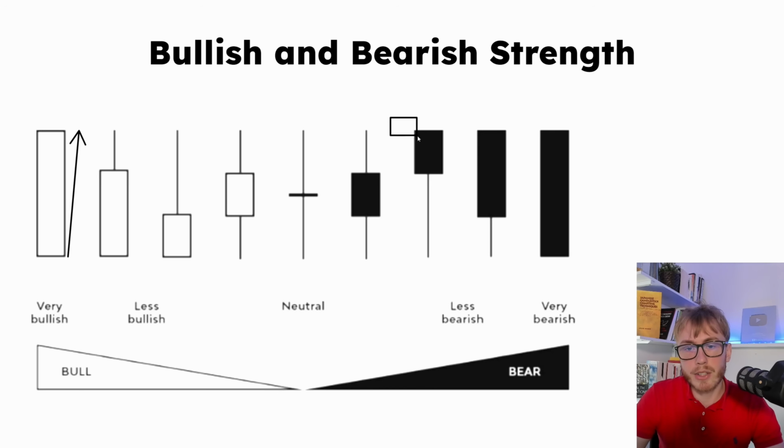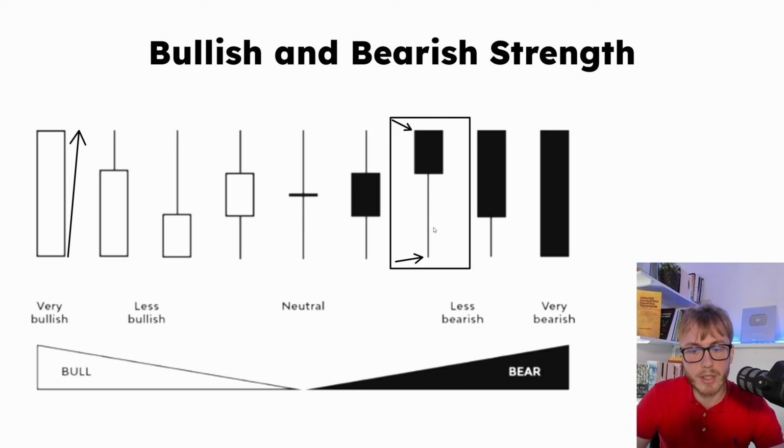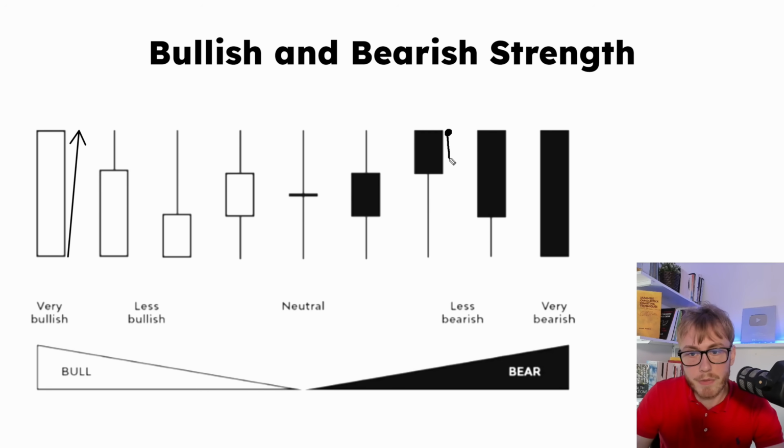But now, if you take a look at, for example, this candlestick right here instead, we can still see that the highest point of the candle and the lowest point of the candle is at the exact same level. But this candle right here tells us a very different story about the price. Because during this candle, it opened right here, and then we fell all the way down here, right?